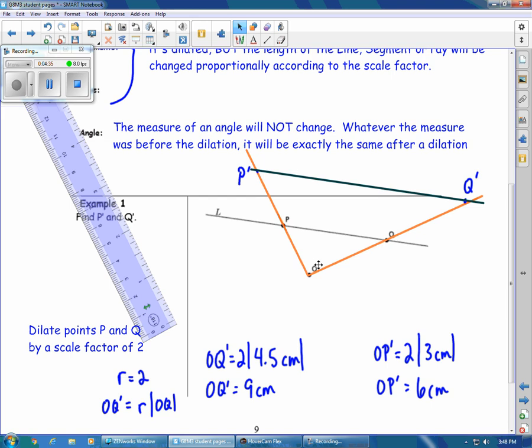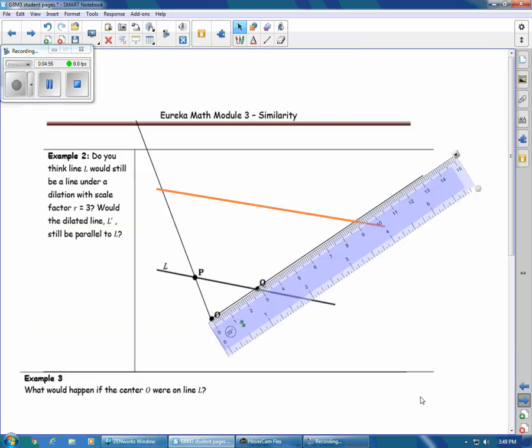Now O is congruent to O, so I've got a triangle here and a triangle here that have all the same angle measures. That right there will tell me that these are similar triangles. Not to mention that my side lengths have grown in proportion. Okay, so I know my triangles are similar. Let's move on.